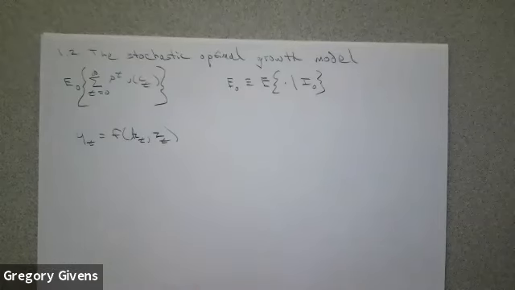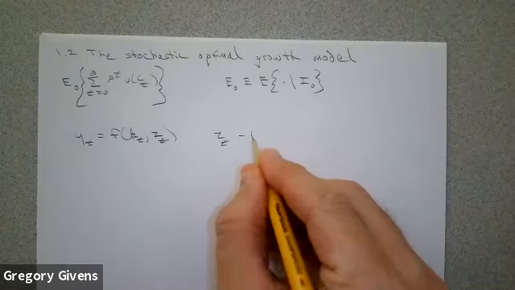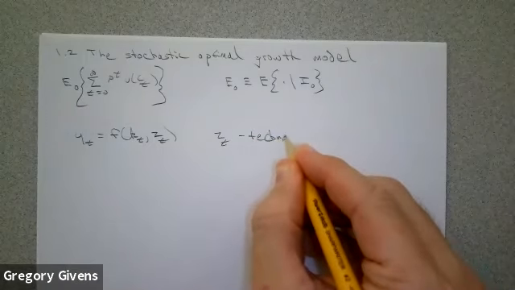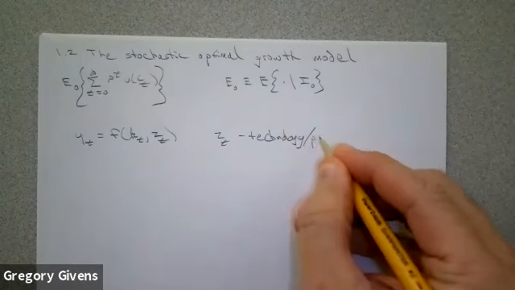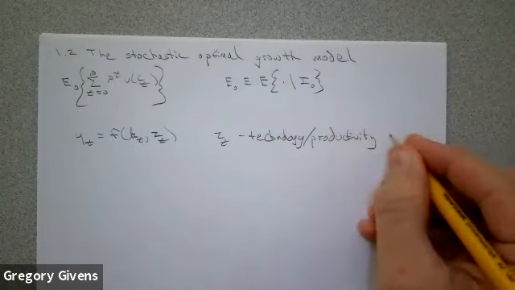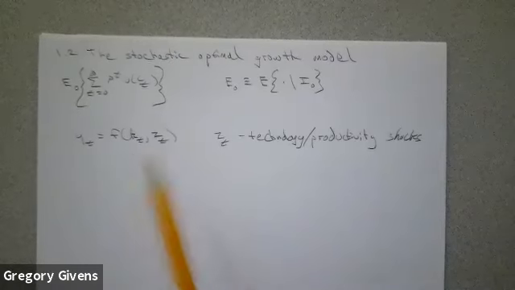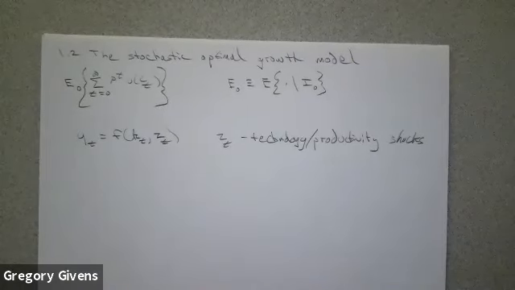So we interpret Z's as stochastic productivity shocks or stochastic technology shocks. So that's the way uncertainty is going to enter into the optimal growth model. Obviously, there are other ways that uncertainty can enter into those models as well. But in the basic optimal growth model, we're going to be talking about technology shocks.